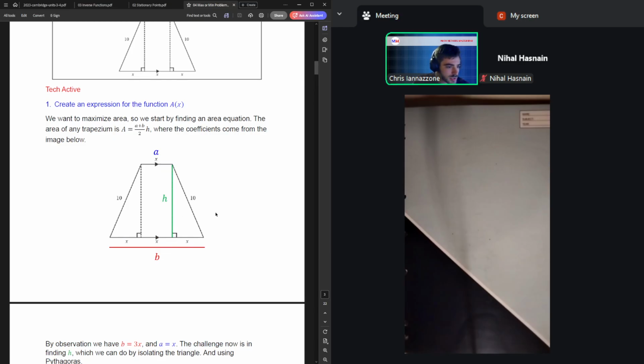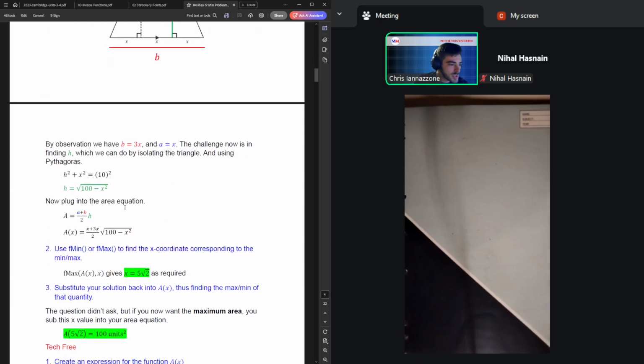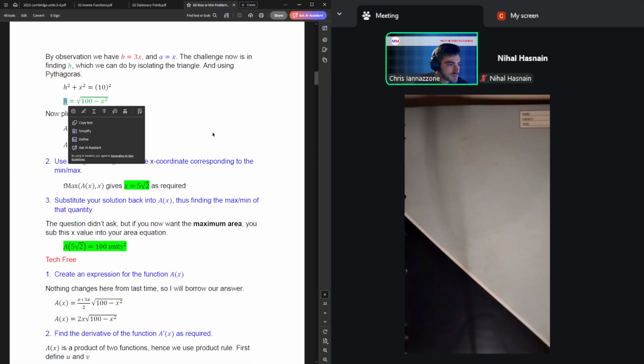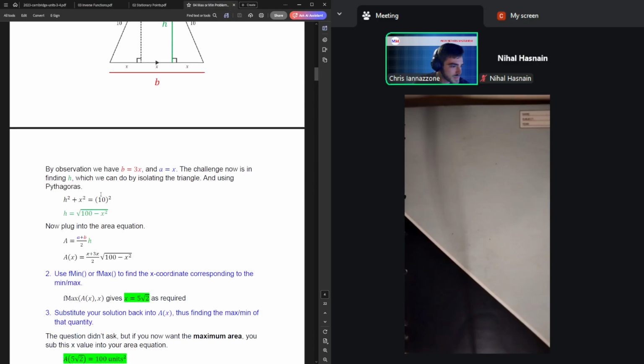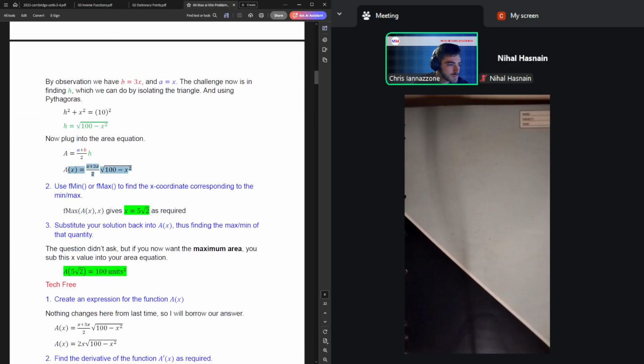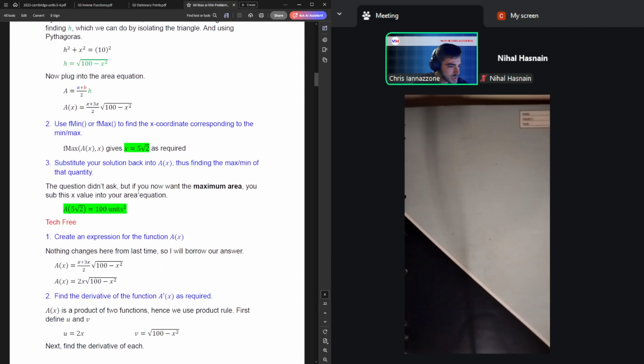There's no corresponding letter or number associated with it. But because it's part of this triangle, we can use a bit of Pythagoras and then get that h value purely in terms of x. Right, this is our hypotenuse. So basically the a squared plus b squared equals c squared thing, and then just rearranging as necessary. Put it all together, you have your area equation.